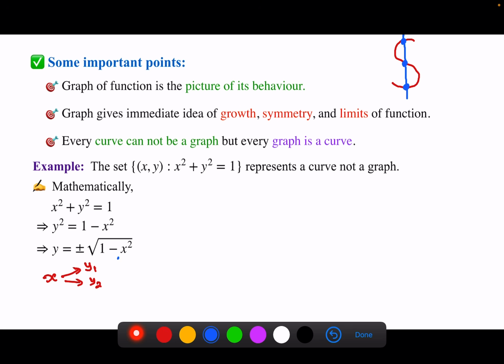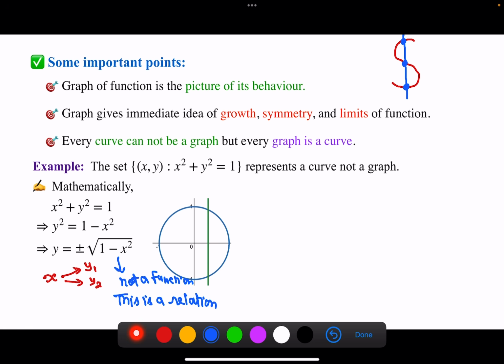So I can say this is not a function. This is a relation. If we draw the picture of x square plus y square equal to 1, then it represents a circle, you see here.